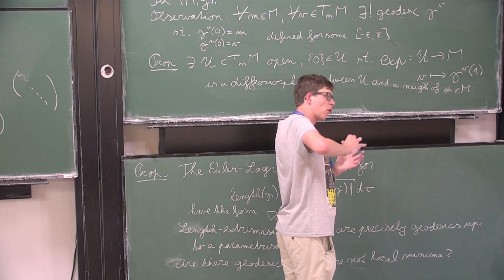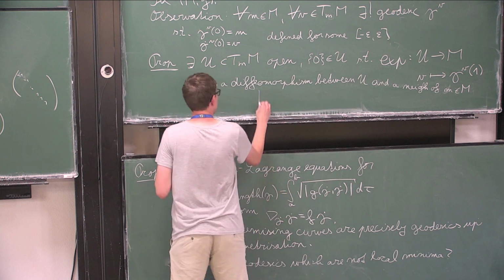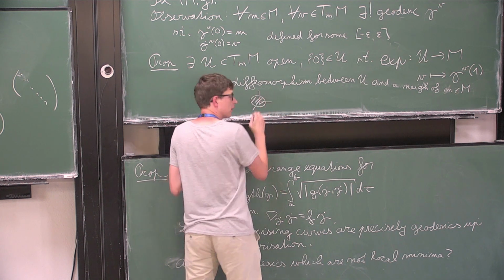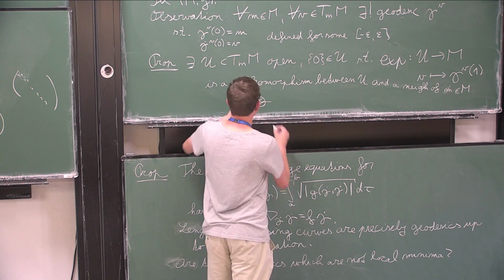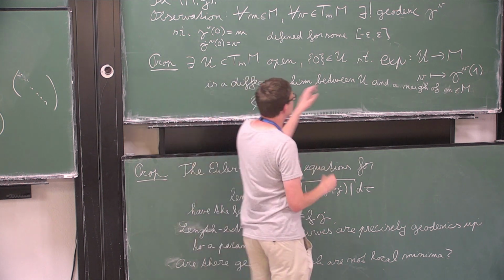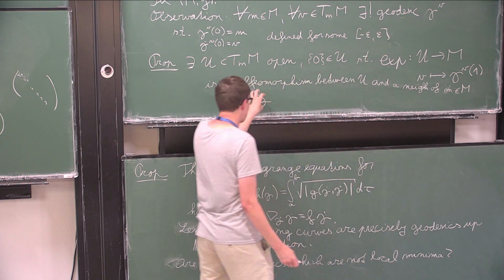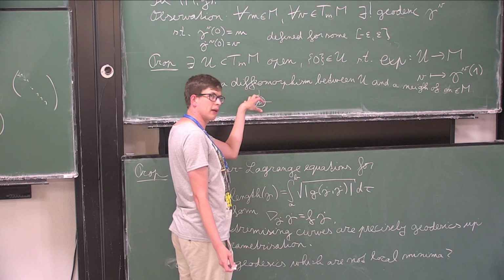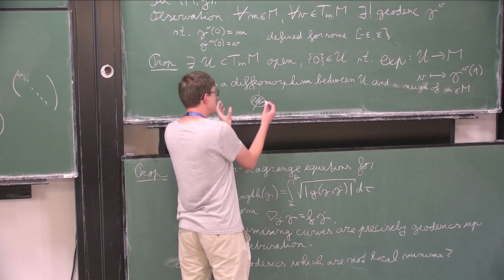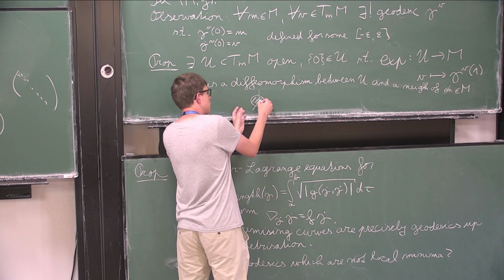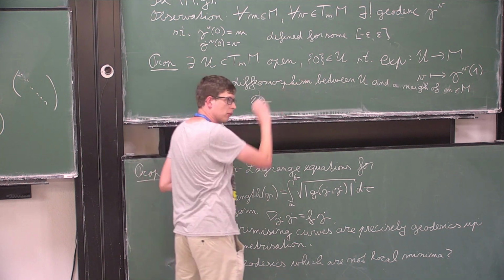You can imagine U is like a ball, which is compact. Pick any ball in the tangent space, and to every point in that ball you assign a number which tells you how far you can extend the geodesic. Because it's compact, that will have a minimum, a minimal distance, and then you can use that minimal distance to make a smaller ball, and then this thing will be well defined up to 1.